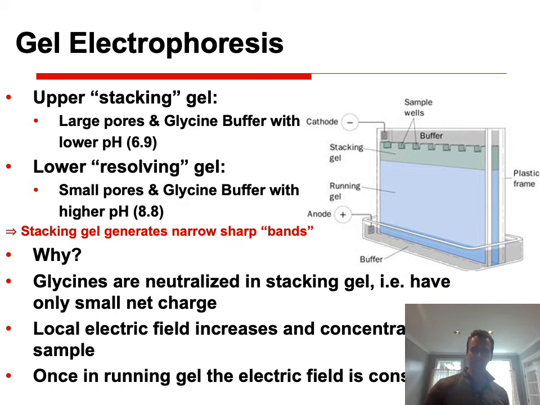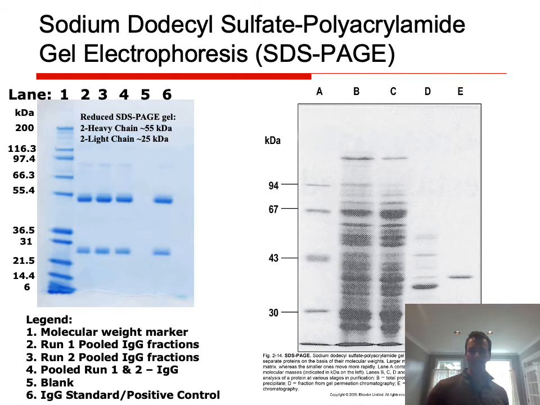What happens is you get a local electric field that increases and concentrates the sample in the stacking gel, and then once it ends in the running gel, it's constant, and you can separate things based on charge and size. If you use SDS, or sodium dodecyl sulfate, you basically can mask the charges on all the proteins, so then you're essentially just separating things based on size alone.